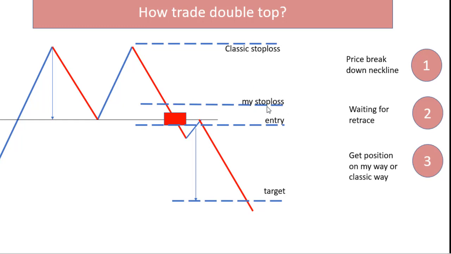Or you can enter the position in the classic way. For the classic way, leave the stop loss behind the pattern. The target of this pattern is equal to the height of the pattern. Next, let's see some examples of stocks and currency pairs.